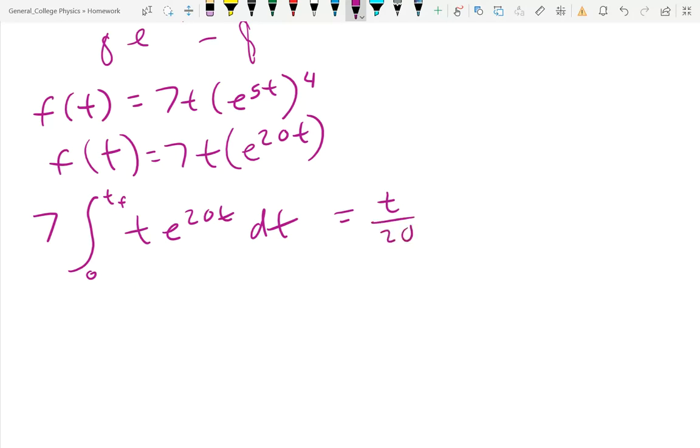Am I good so far? No? Okay, so this one here, the thing that Nathan's not seeing is you've got the t multiplied by e to the 20t. You can't just use the rule for an exponential. And so this is, well, the last two are a lot harder than the others, I think, generally speaking.